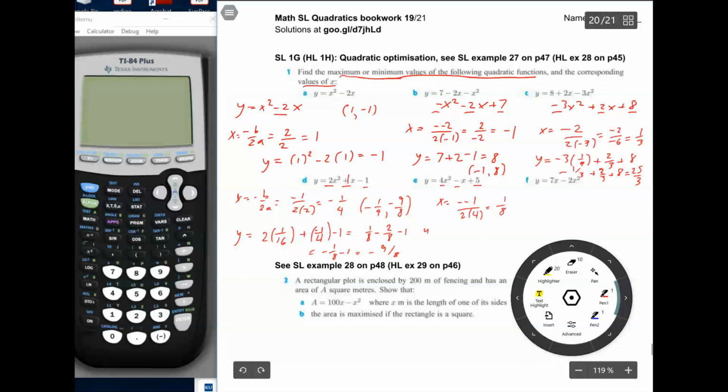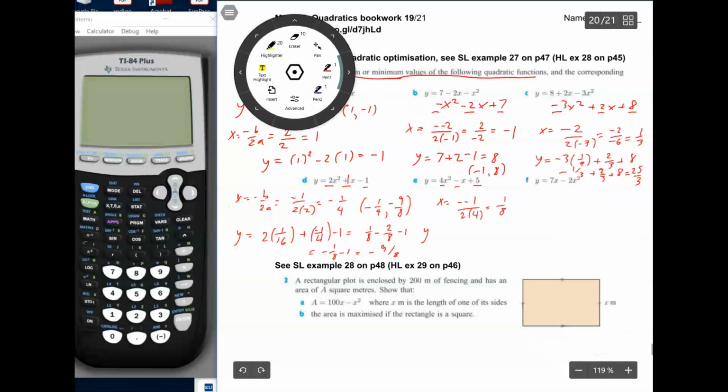Okay, so y is going to be a mess. y is going to be equal to 4 times 1 over 64 minus 1/8 plus 5. 4 divided by 64, that's equal to 1 over 16 minus 2 over 16 plus 5, which is equal to 5 minus 1/16, which is just whatever.